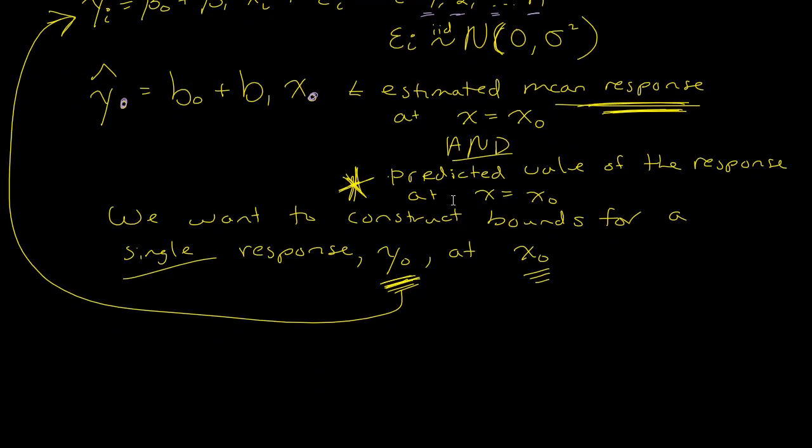All right, so let's start with thinking about what y naught minus y hat naught is. This is the difference between y naught and beta naught plus beta 1 x naught.